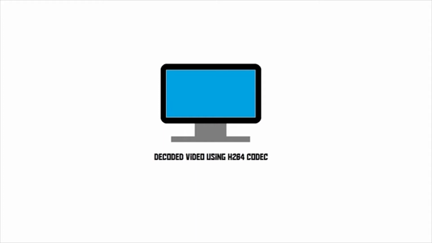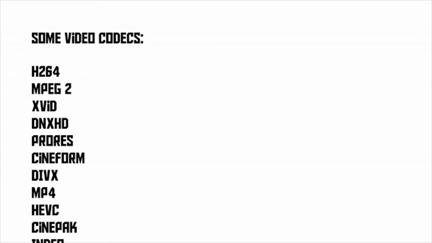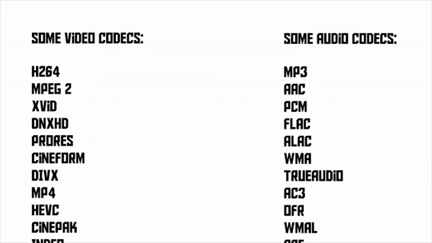Frequently used codecs are pre-installed on your PC, which is why it's able to play most videos out there. Now, there are many different codecs. There is H.264, MPEG-2, Xvid, DNxHD, and many others. Also, these are just video codecs. There are also lots of audio codecs. Every codec has its own features, advantages, and disadvantages.